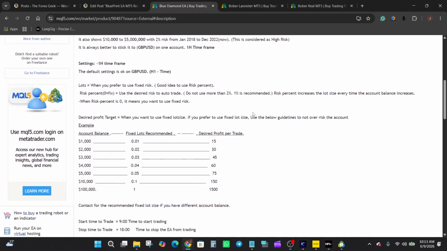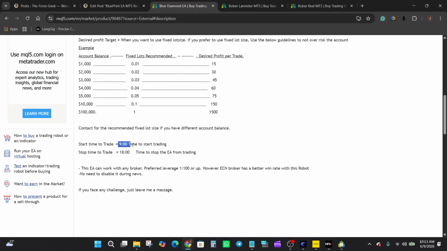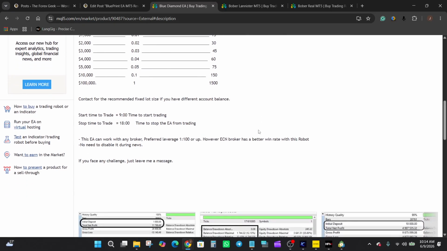The EA also includes trading session controls, allowing users to specify start and stop trading times. In the example provided, trading begins at 9 o'clock and ends at 18 o'clock. The developer further notes that the EA can work with any broker, while mentioning that ECN brokers may provide better results. Preferred leverage is listed as 1:100 or higher.